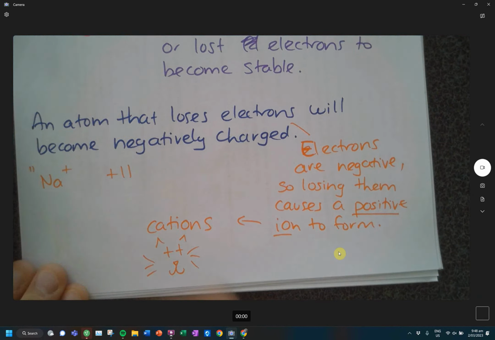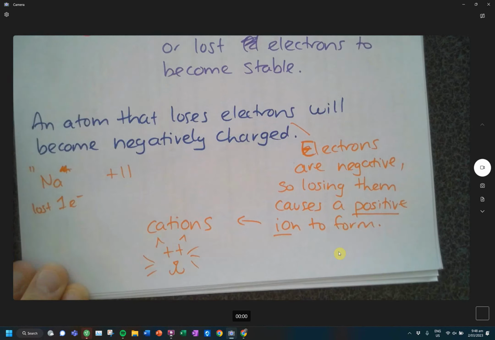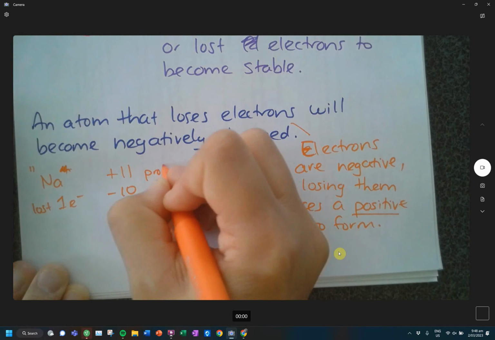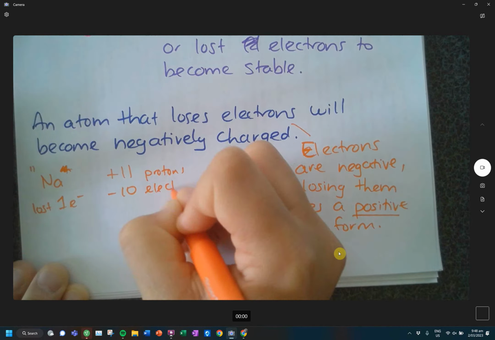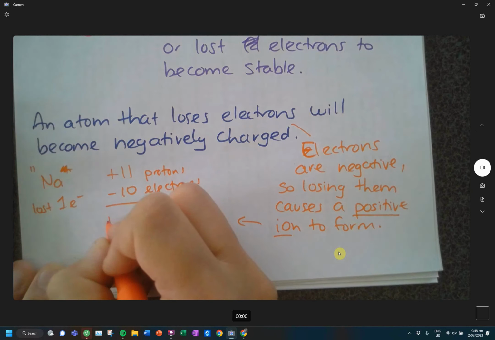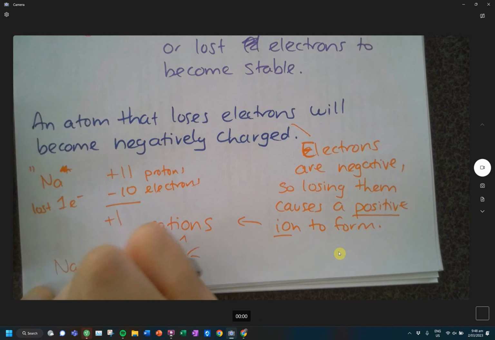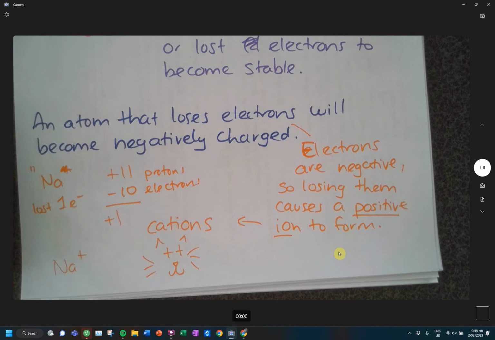But since I have lost an electron, how many electrons do I have if I lost one? 10. So I have a negative 10. That's for my electrons, and the 11 is for my protons. If I add those numbers together, what do I get? Positive 1. So when we write the sodium ion, it would be Na+. Positive.